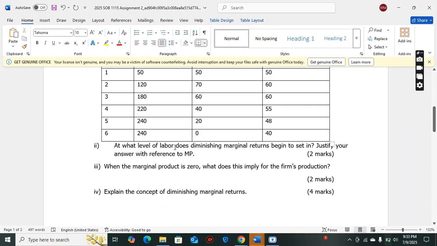At what level of labor does diminishing marginal returns begin to set in? Justify your answer with reference to the marginal product. Yes.